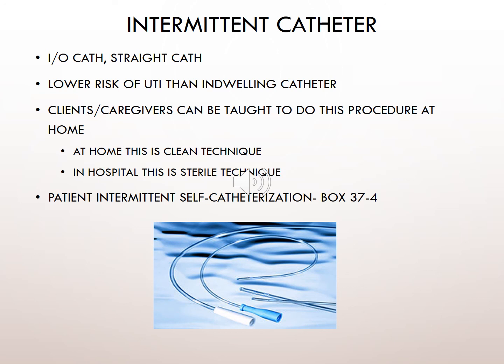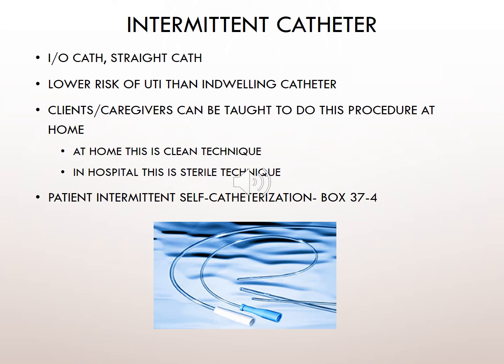to get that specimen. So there is some lower risk of UTI with an intermittent catheter than with an indwelling catheter, and mostly because you insert it, you empty the bladder, and then you remove this tube. Again, this is performed under sterile technique in the medical settings, but we can also teach a client or caregiver to perform this type of procedure at home.